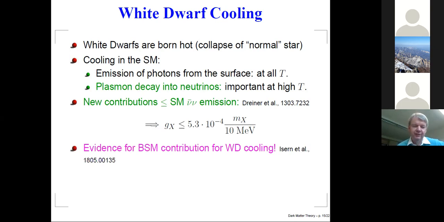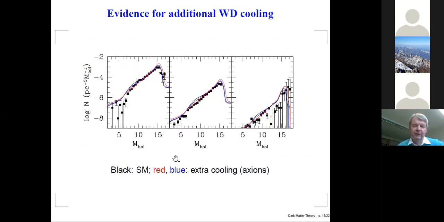But in fact, there is some evidence in favor of having an extra contribution to the cooling of white dwarfs. Let me show you a plot from this paper by Isern et al. from 3 years ago. What's shown here is the number density distribution on a logarithmic scale of some populations of white dwarfs. It had 3 different populations in different places as a function of what's called the bolometric magnitude. Now remember that for astronomers, a smaller magnitude means brighter, hence hotter.